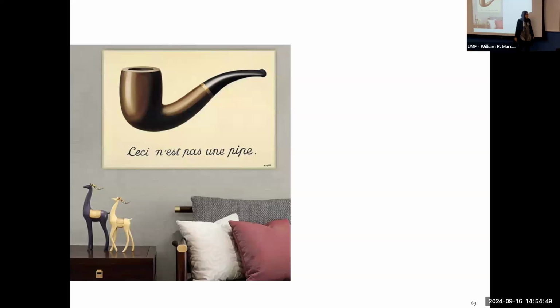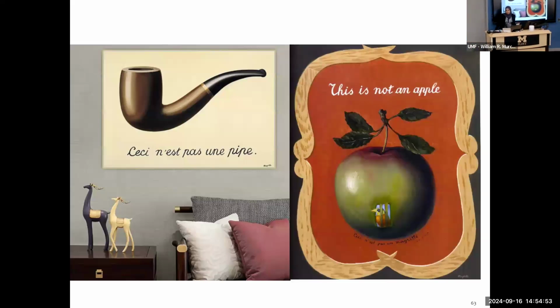Okay? We find the English version of this coming with this painting of the apple and saying this is not an apple. Okay, so it's really deep and it's really nice if you really focus on this, because if this was an apple, what could we do? We can divide it and eat it right now.